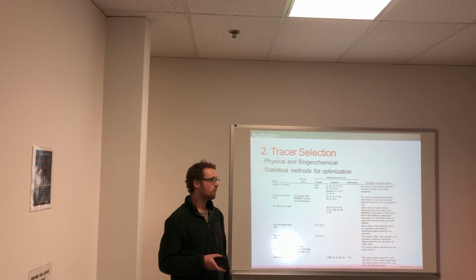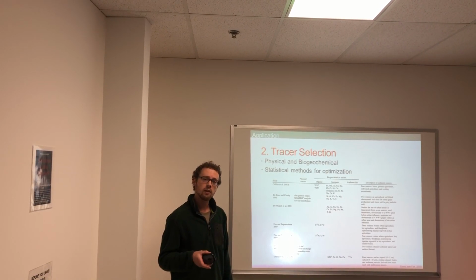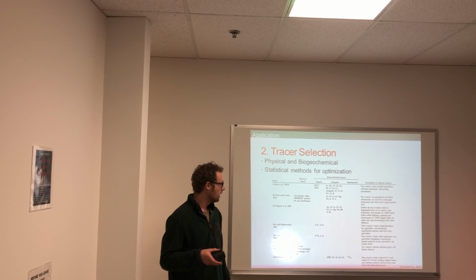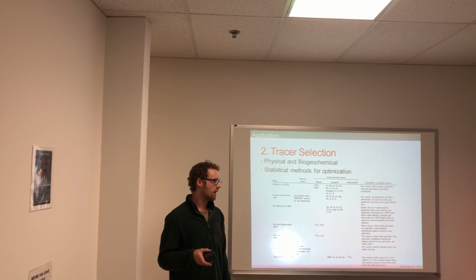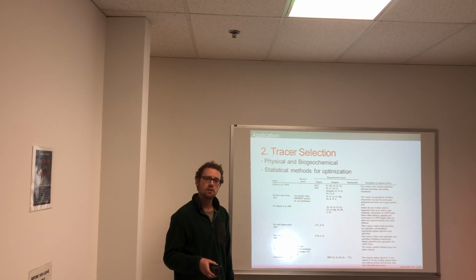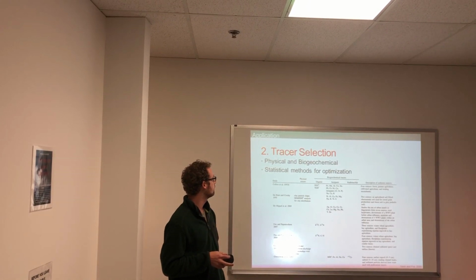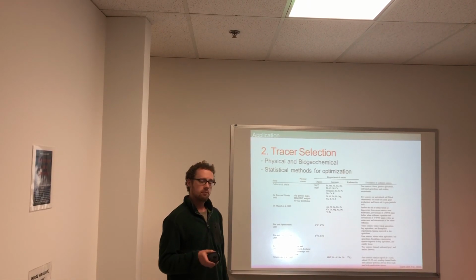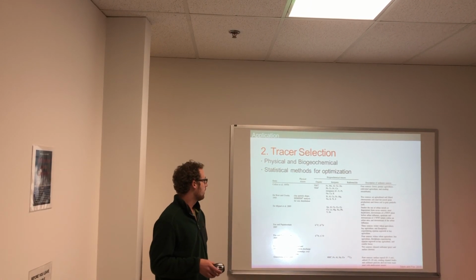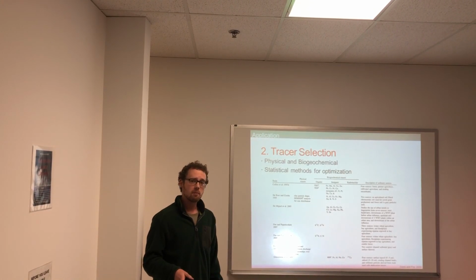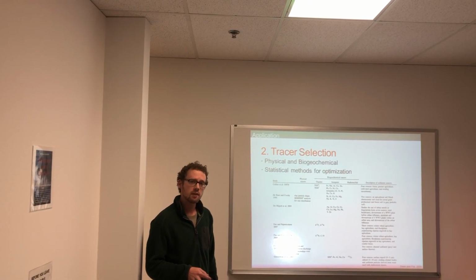Now, these often are derived from radioactive fallout and have a certain half-life, and can thus be used to detect very small concentrations in the environment. Once you've identified your tracers, a variety of statistical methods can be used for optimization, which I will discuss later.